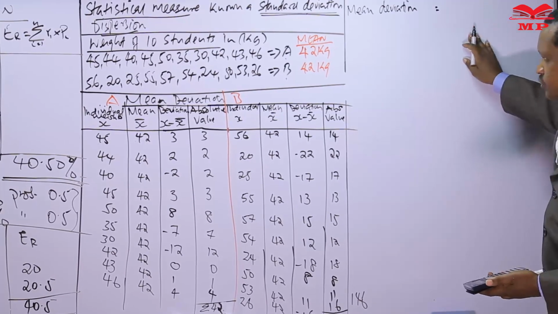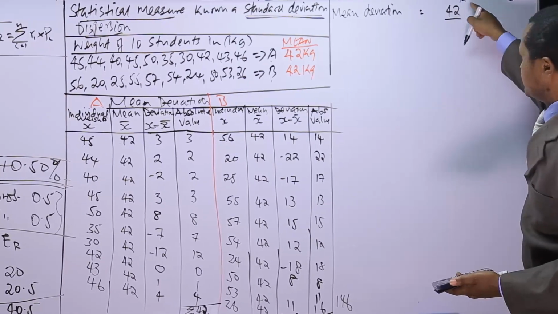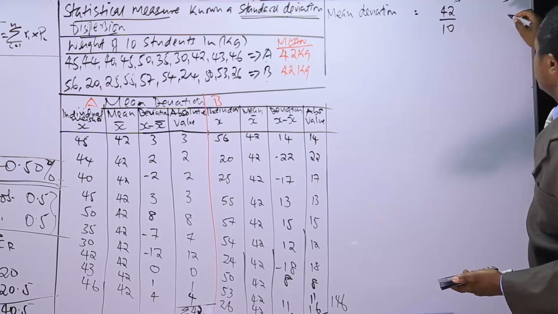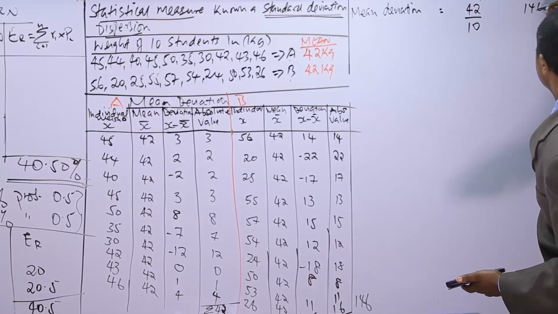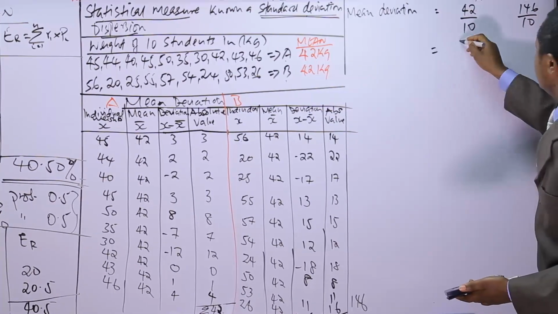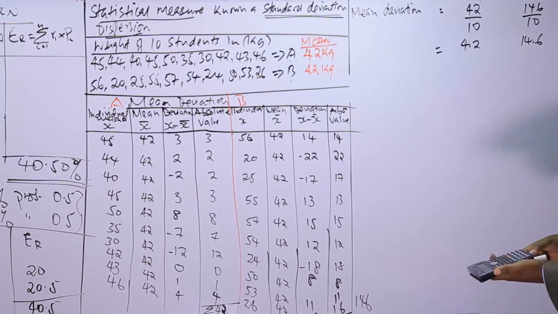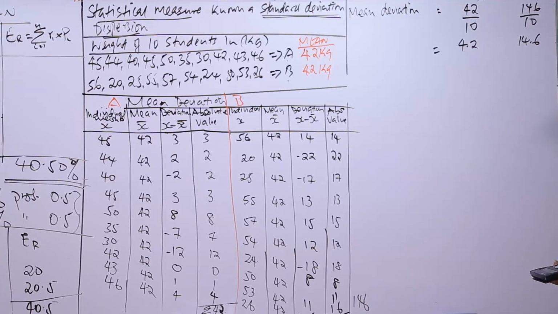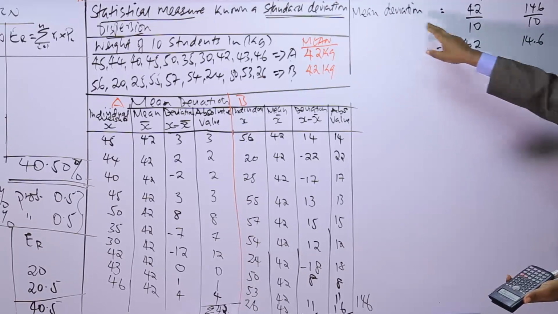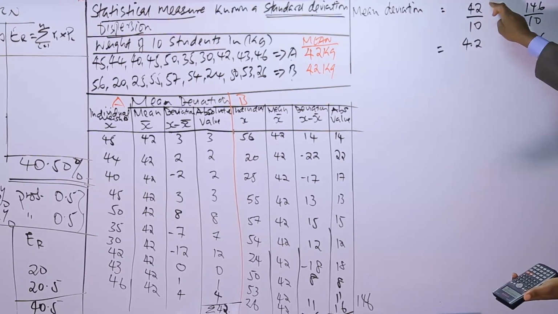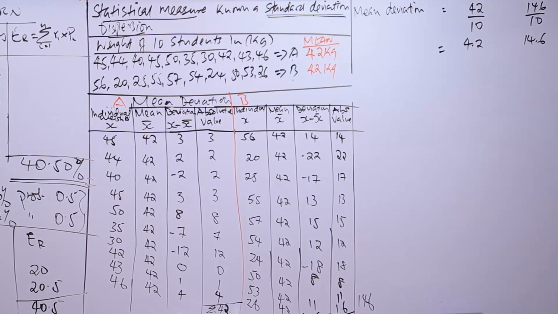So 42 for class A divided by 10, which gives 4.2. Then the other one is 146 divided by 10, which gives 14.6. That is the mean deviation for class A and class B.